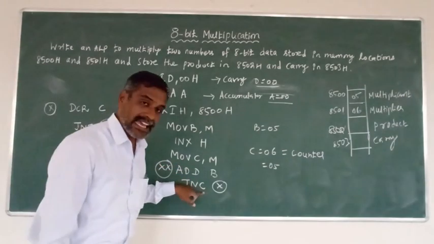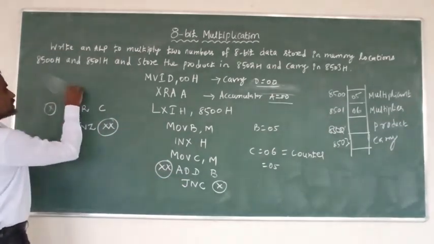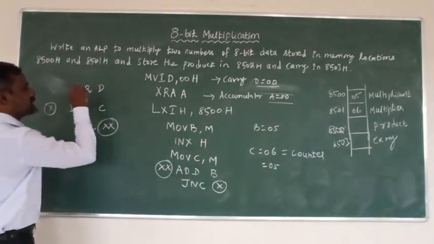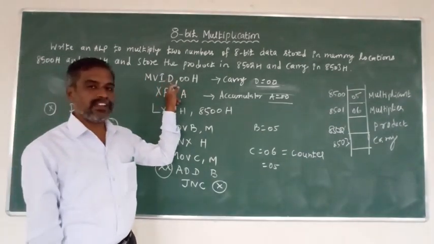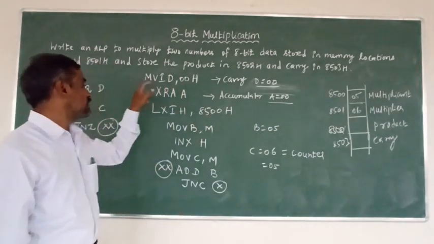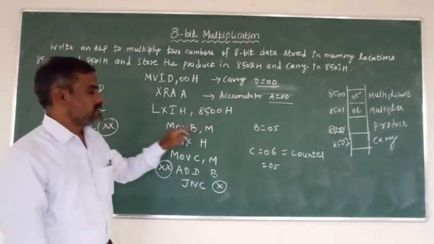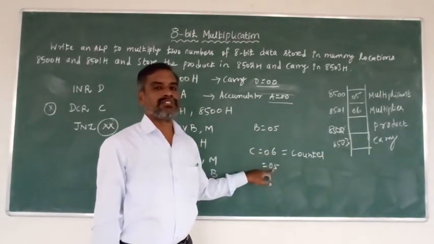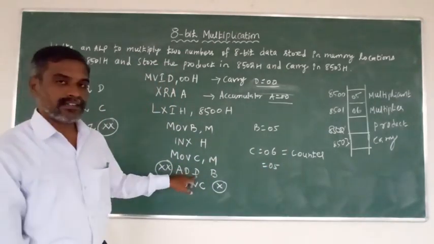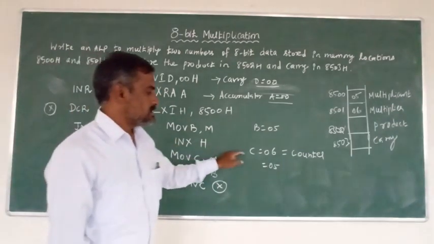Suppose the result is carry, it will execute the next instruction. Here we increment the D register content single time. If carry, D is incremented single time. Again decrement C from 06 to 05. Check whether it is 0 or not. Not 0 means jump again, and the process continues till the C register is 0.